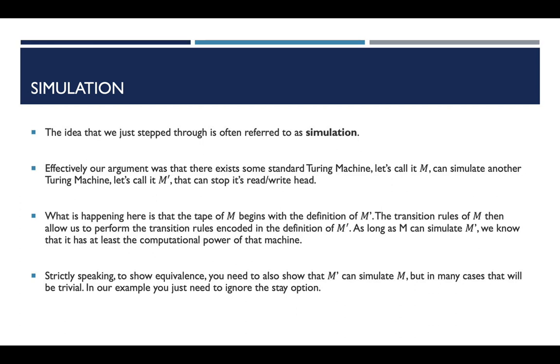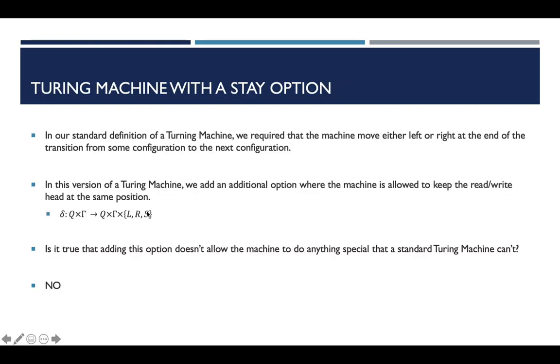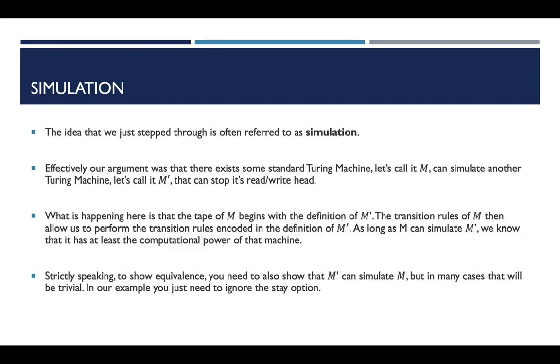So if your transition function never makes use of the S rule or the S transition denoted here, we know that definition would effectively be exactly the same as the definition that we had last week. And so trying to simulate a standard Turing machine with a stay option Turing machine is fairly trivial. However, the other direction required us to outline this algorithm that allows us to make the simulation.